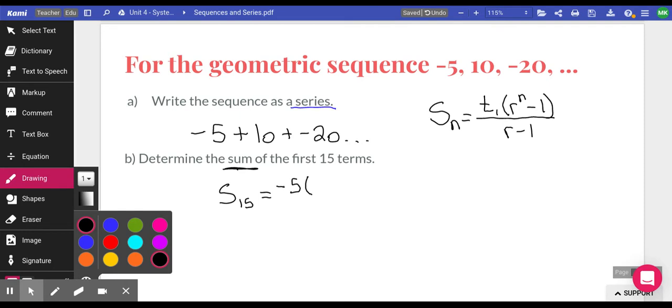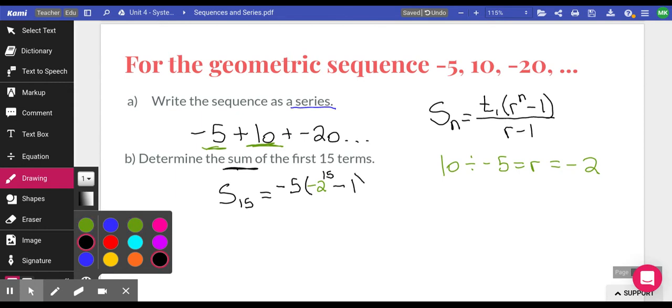We're going to multiply that by r. To calculate r, you take a number, let's take 10, and divide it by the number in front of it, which is -5. That will tell you r. In this case, it's equal to -2. So we have -2 to the power of n, which is 15, minus 1.